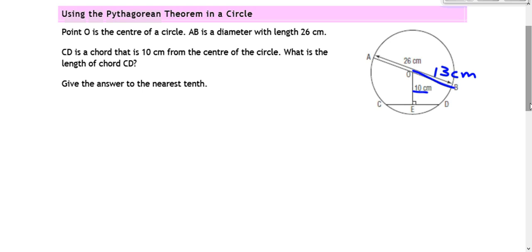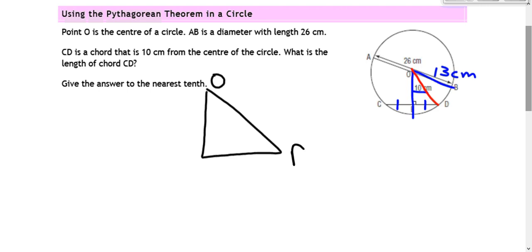So if this is a chord and this is center O, this should bisect it, making those two equal. Then we can also create a right triangle just like that. Let me redraw it for you. So we have O, D, and that was little letter E there.